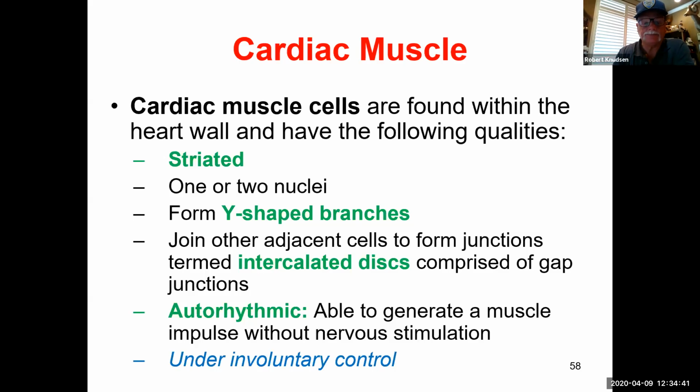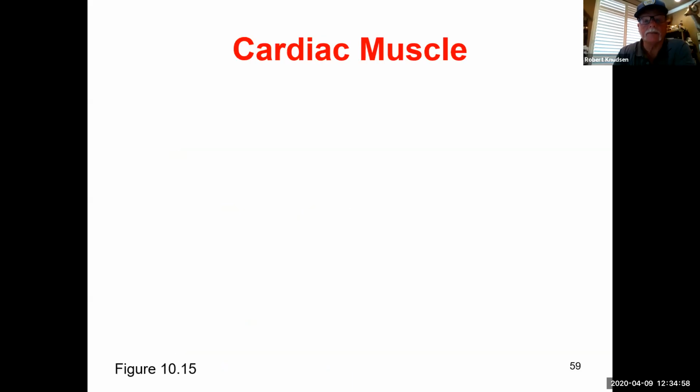And it's involuntary. That's pretty good because sometimes we forget to think, and if we forget to think, our heart doesn't move. That means we'd be dead. So we give that to the involuntary part of the brain, so we don't have to worry about autonomic.